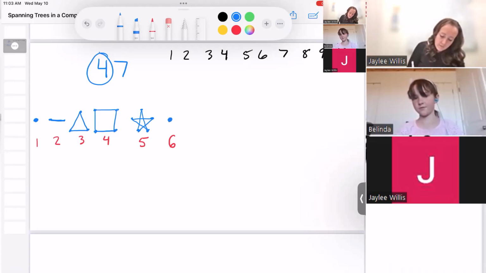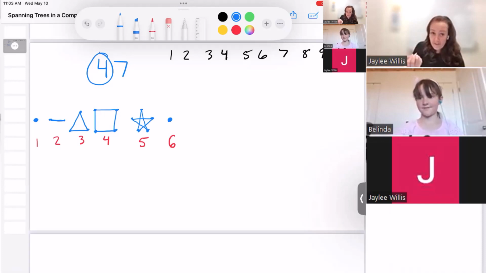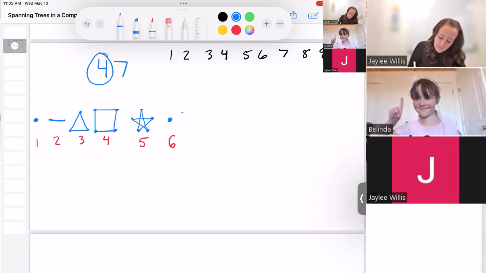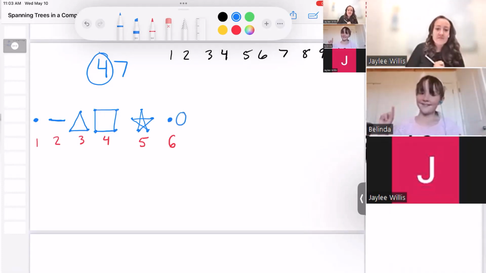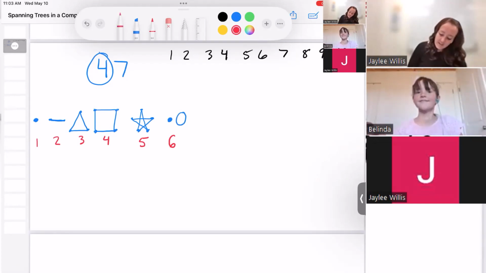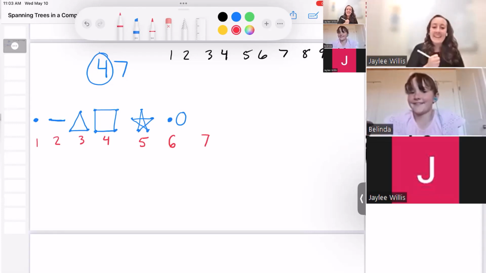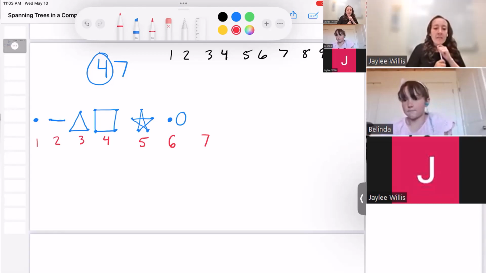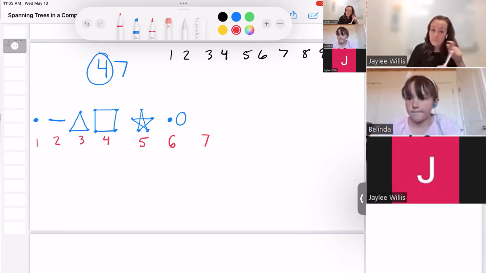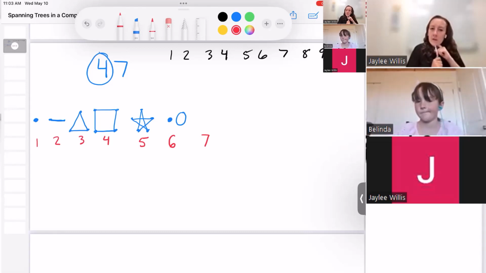Okay, so that's basically saying that you're holding up one finger and I'm holding up 0 fingers. Right? Yes, circle fingers. Okay, so if we have dot circle and that represents the number 6, what would represent the number 7?